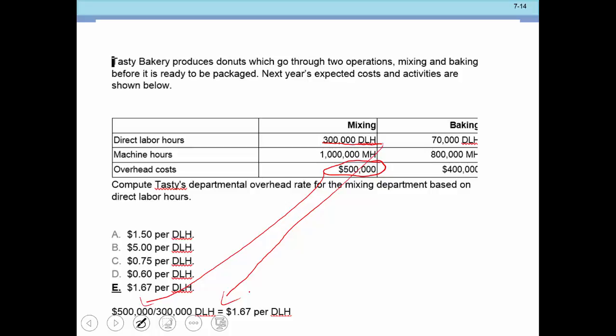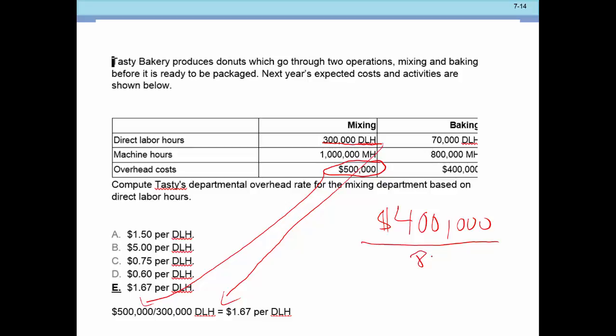And so what happens? We come over here, and we have the overhead cost of 400,000. And I'm going to use, they're calling it machine hours. I guess an oven is a machine, right? They could have been more specific and just given us oven hours.